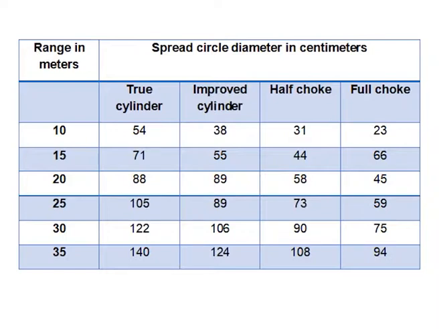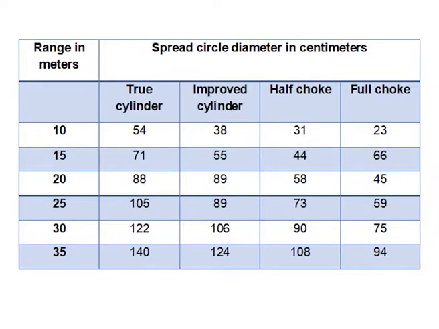For range 25 meters, the spread circle diameter for a true cylinder would be 105 centimeters, for improved cylinder 89 centimeters, for half choke 73 centimeters and for full choke 59 centimeters. For 30 meters of range, the spread circle diameter would be 122 centimeters for a true cylinder, 106 centimeters for improved cylinder, 90 centimeters for half choke, while 75 centimeters for full choke.